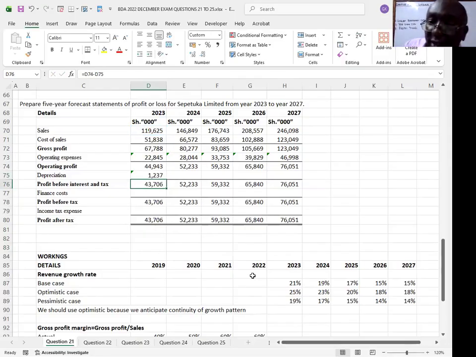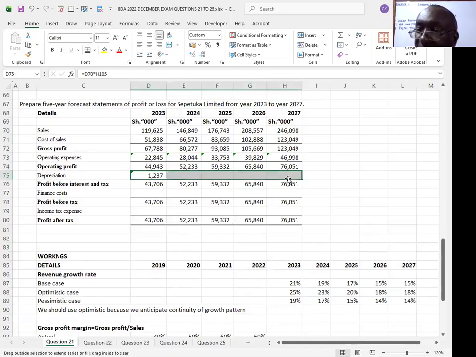Yes, so when you enter, that's what you're getting. You autofill. So you should get 36, 37 thereabout.